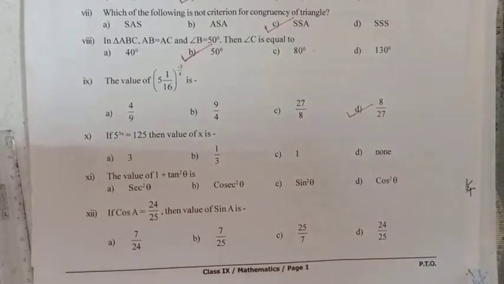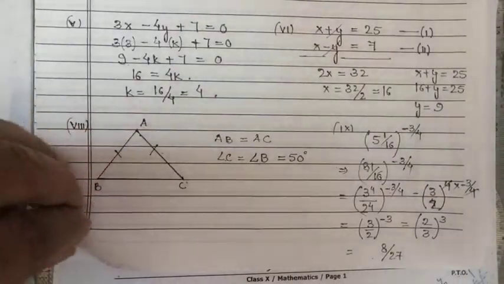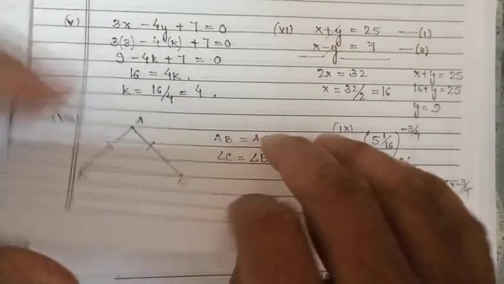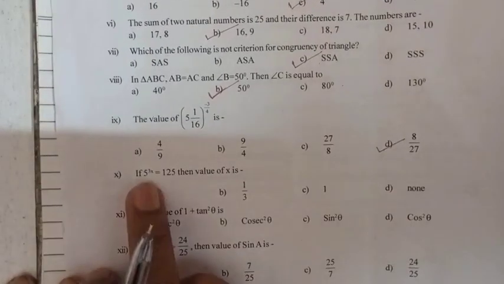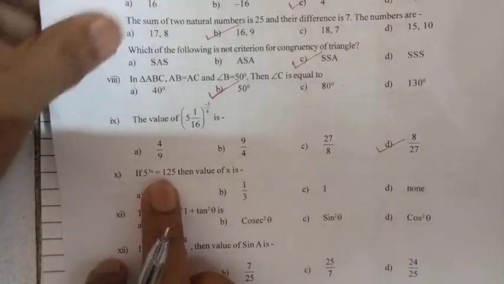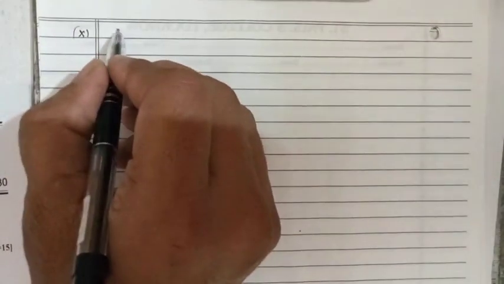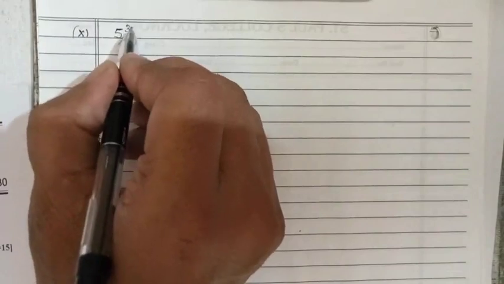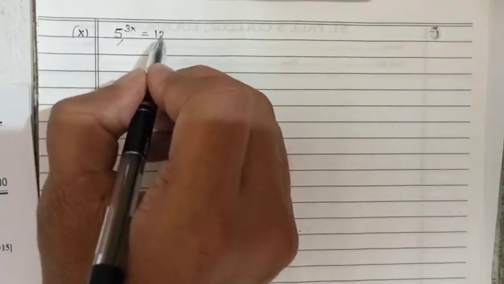Now moving on to the tenth part. Okay, now the tenth part is: we have 5 raised to the power of 3x is equal to 125. So it's given 5 raised to the power of 3x is equal to 125.